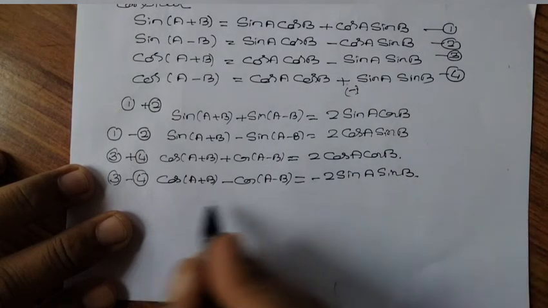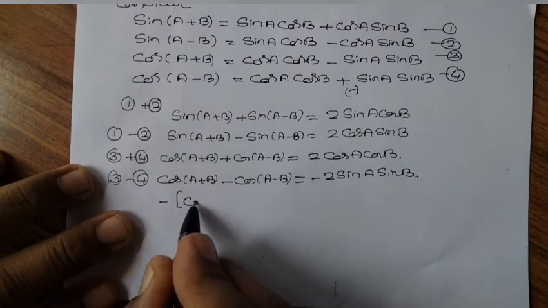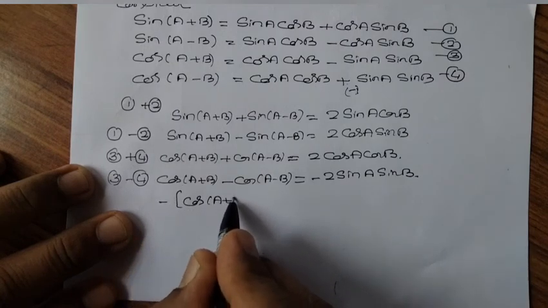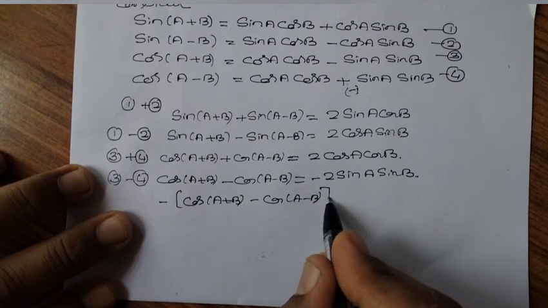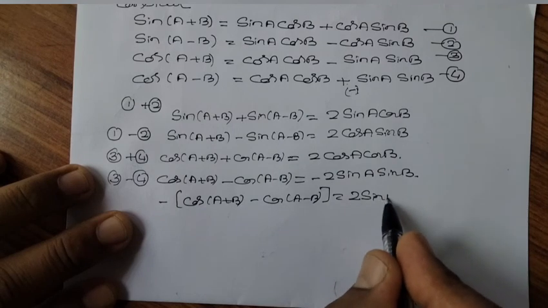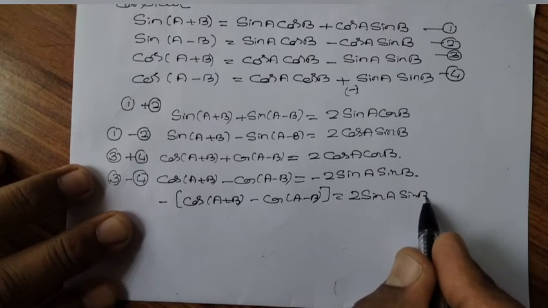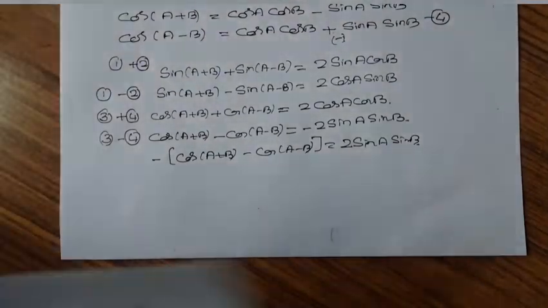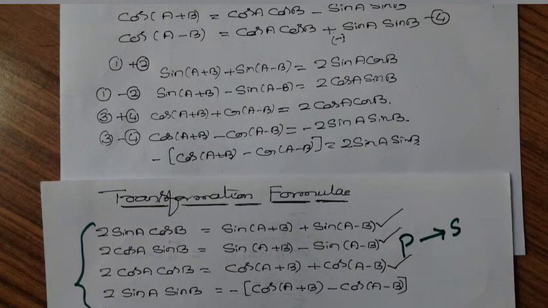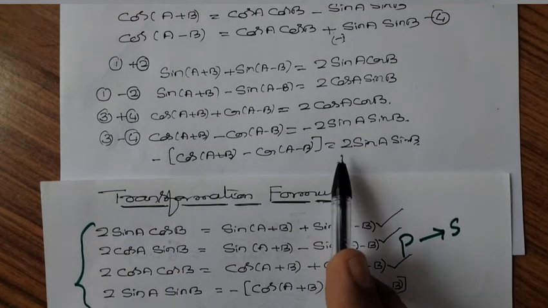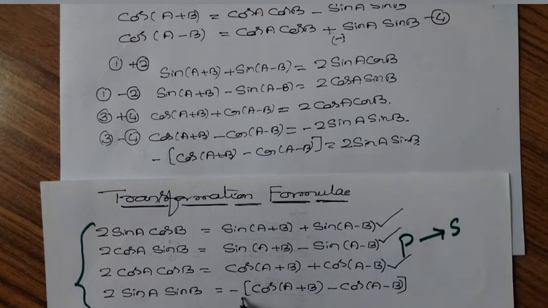Multiplying by minus sign on both sides, we get cos of a plus b minus cos of a minus b equals 2 sin a sin b. Now the fourth result of the first set is 2 sin a sin b. Thus, we verified all four results of the first set.